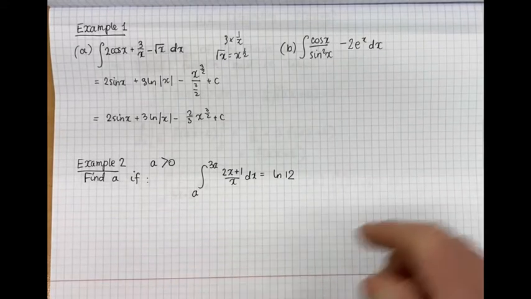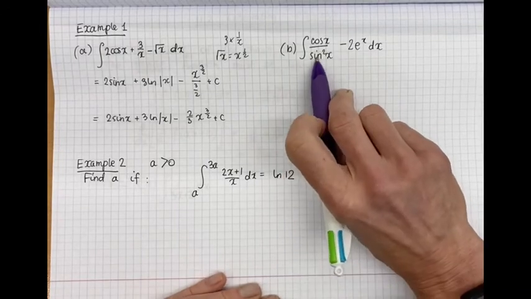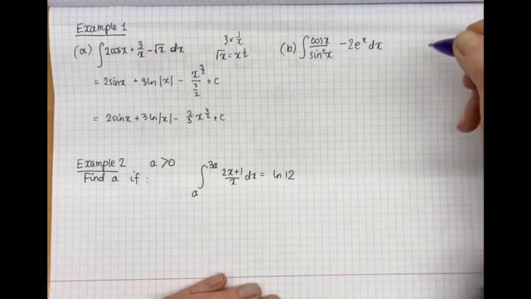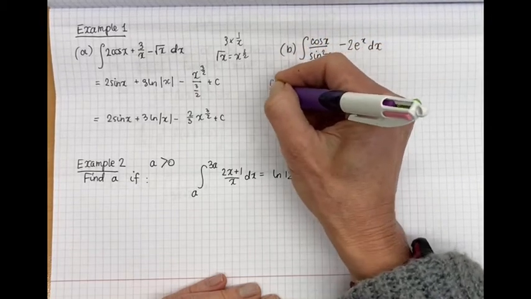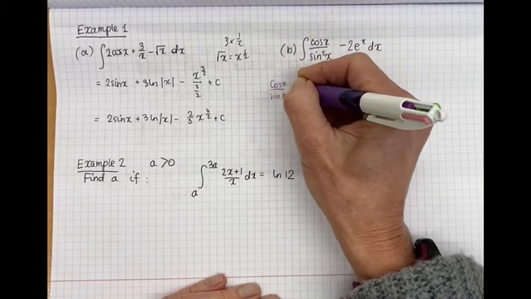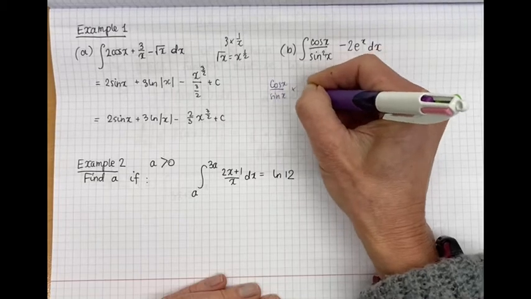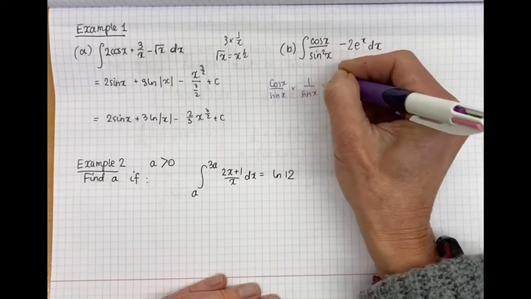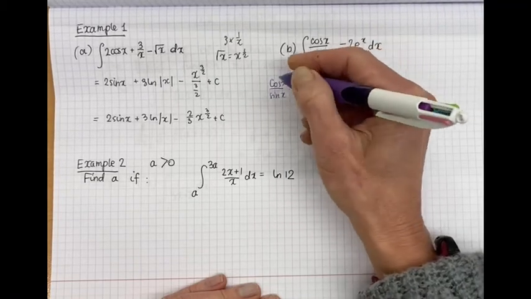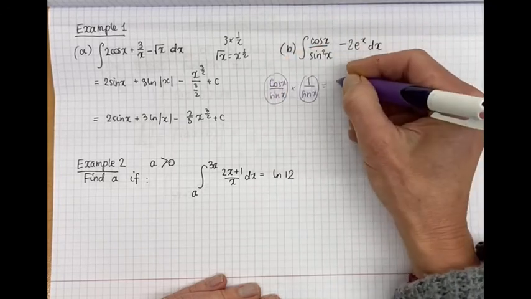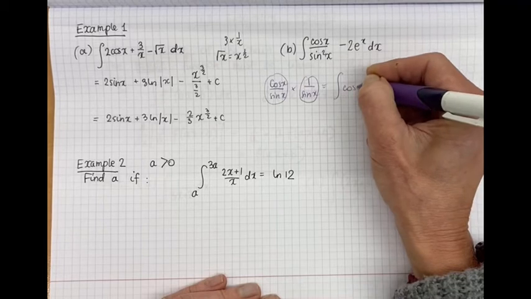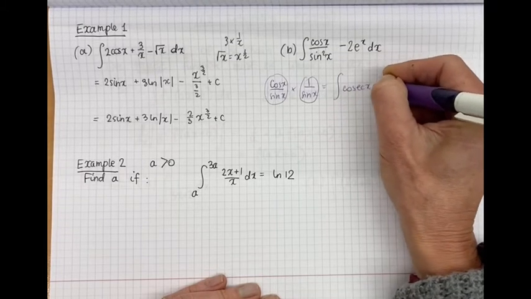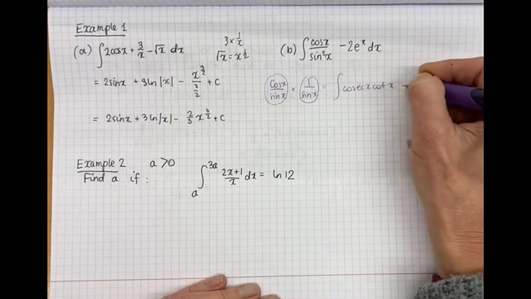And here you just need to spot that this is the result of multiplying cos x over sine x by 1 over sine x. And this is cosec and this is cot. So we are going to be integrating, if I switch them around, cosec x and cot x, and this is one of the standard results.